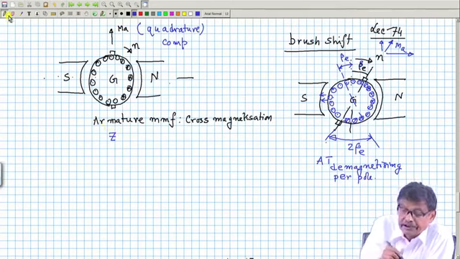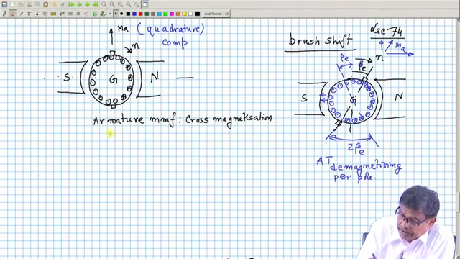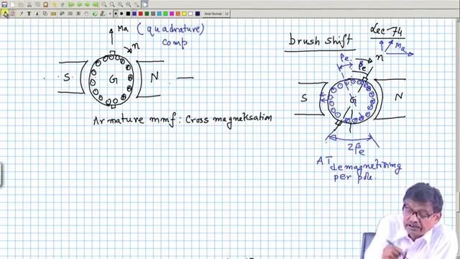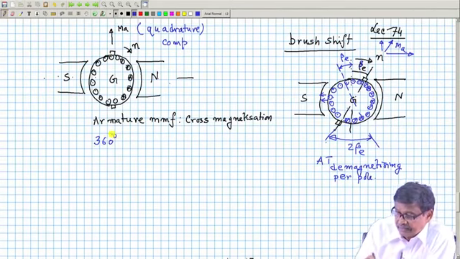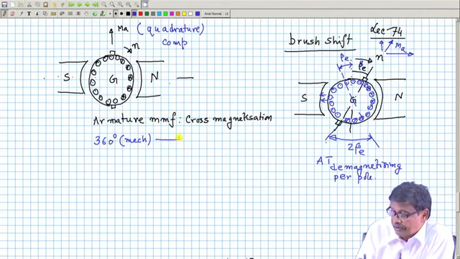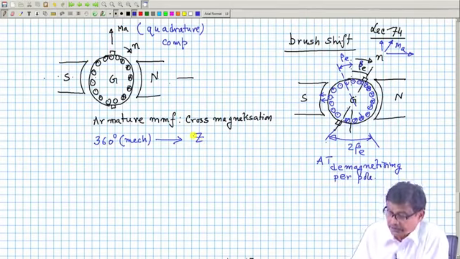So, I will write straight away, because we have some idea how to write. Over 360 degree mechanical angle, this angle is mechanical, the number of conductors present is Z, no doubt about that, total number of armature conductors.